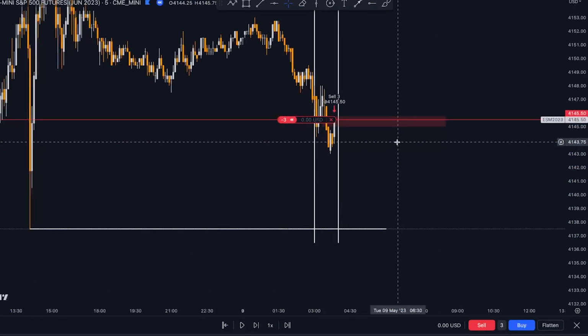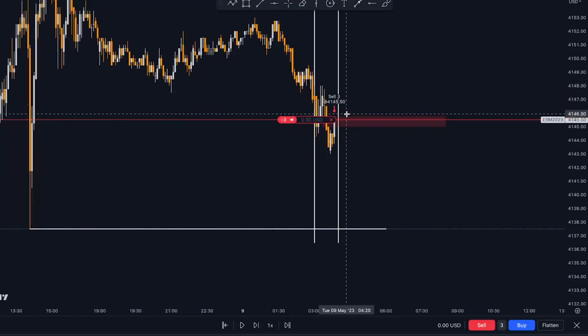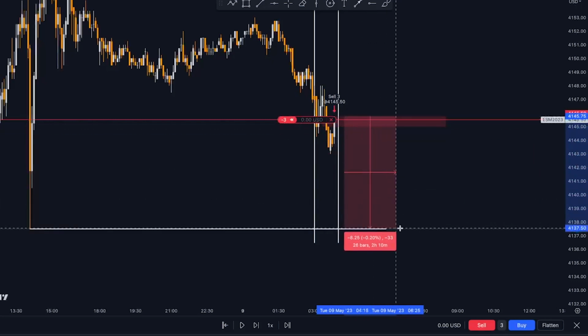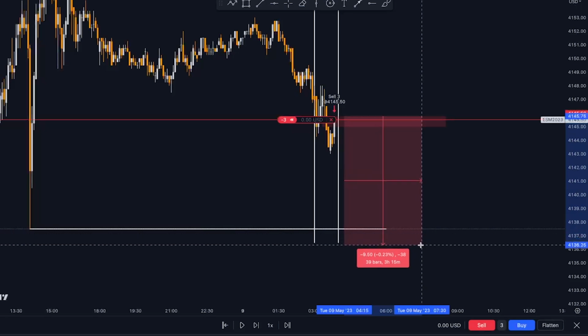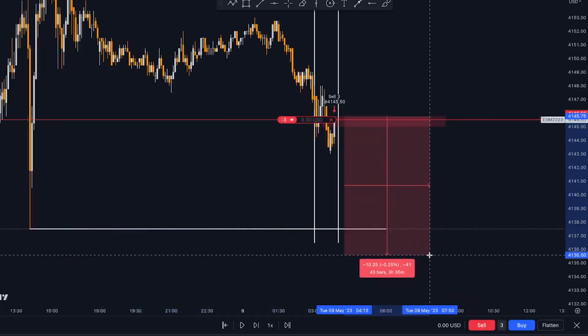And look, it doesn't mean that the 10 handles should be from your entry to the target. It should be from the best possible entry. So from the top of the fair value gap all the way to the target and below, because you don't want to see just a touch of it, you want to see a break.